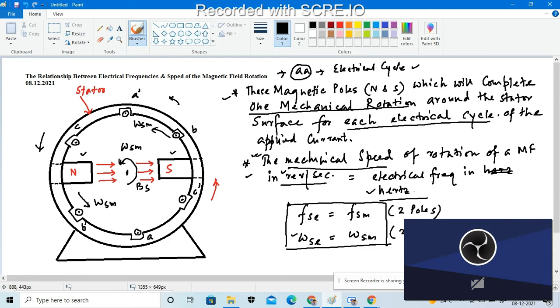So for that case we can say that f of AC and omega of Sm are the mechanical speed, where we can say that they are nothing but the mechanical speed of the stator magnetic field, which will be called the mechanical speed of the stator.